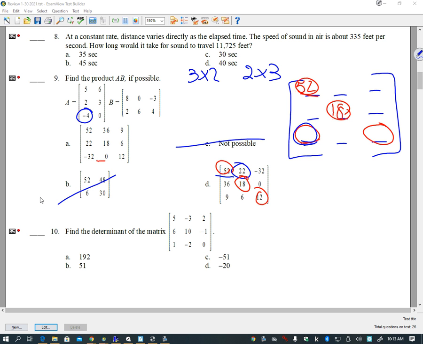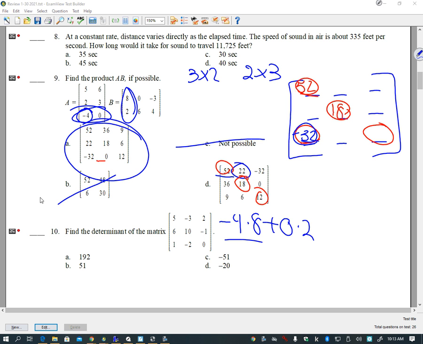This is the third row, so we need third row, first column. Negative 4 times 8 plus 0 times 2. So it's just negative 4 times 8, negative 32. So we know it's this, but we're going to find at least 3 positions. We're clear here. Okay.